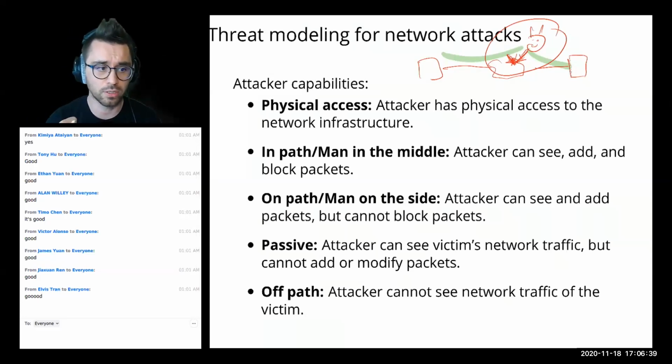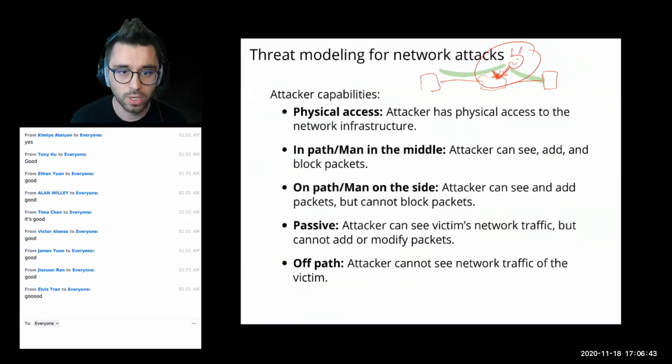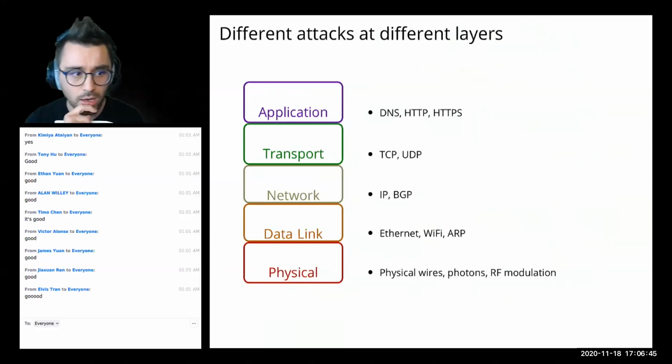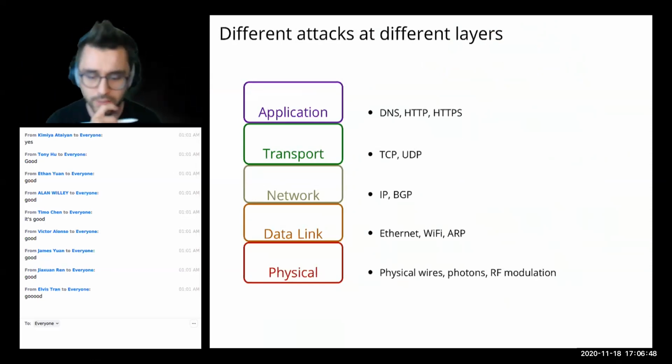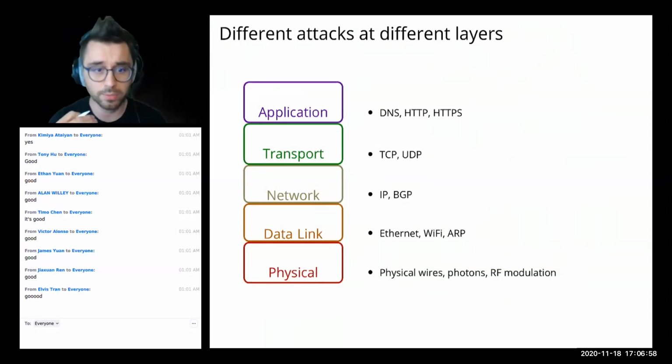So these are the kind of attacker models that we'll talk about, and we'll see a bunch of examples throughout the lecture. In particular, we're going to look at this in the context of our different OSI layers. Last time we talked about the OSI model. In this lecture, we're going to look at attackers starting from the physical layer to slightly higher level attackers.